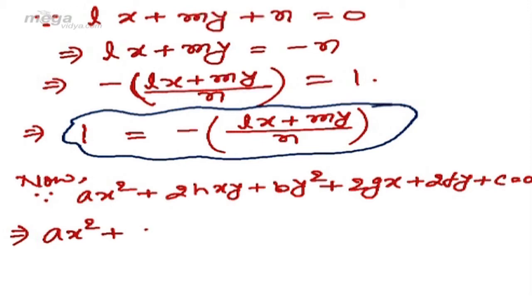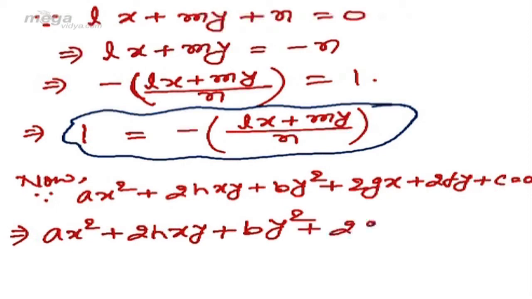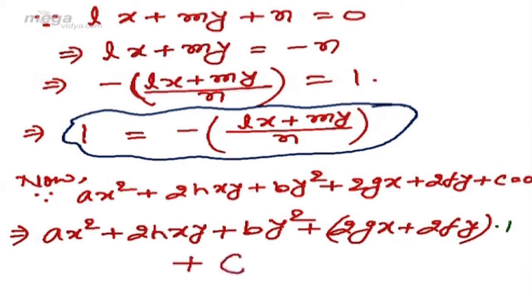Ax square, no change, plus 2hxy, no change, plus by square, no change, because all of these three terms are second degree terms. Now this 2gx plus 2fy, can we write it as (2gx plus 2fy) into 1, plus c into 1 square, and then equal to 0. And see here, the value of 1 is minus (lx plus my) upon n. So we can substitute it here, and here also.